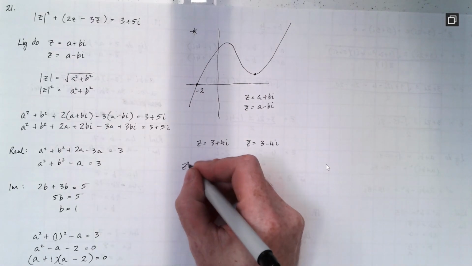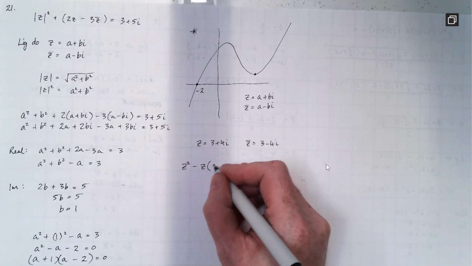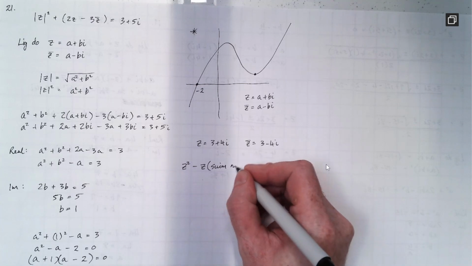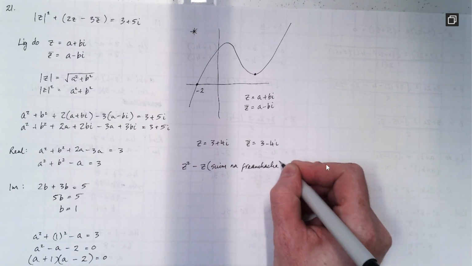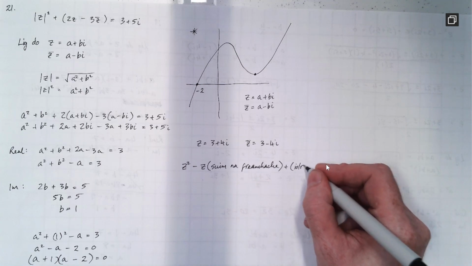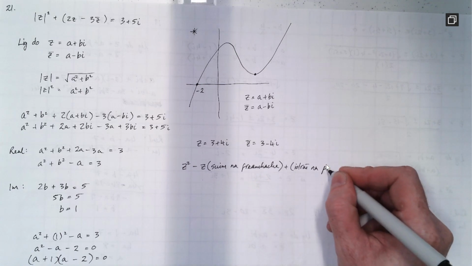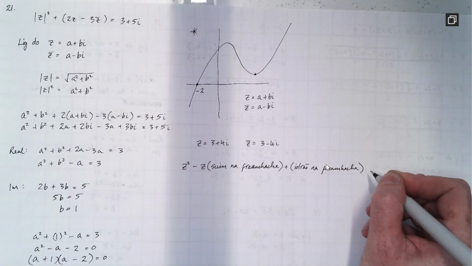So z squared minus (sum of roots) z plus (product of roots) equals 0.